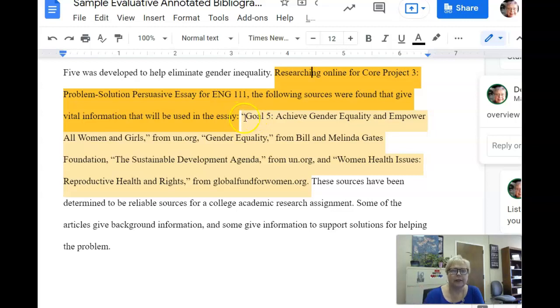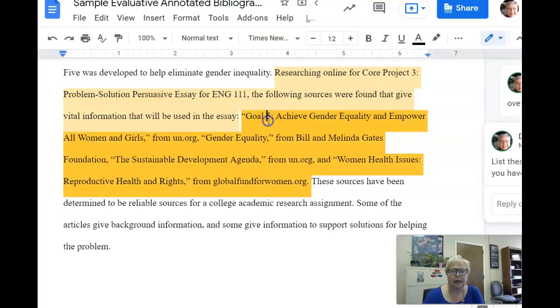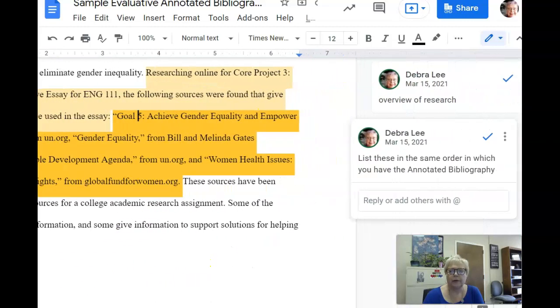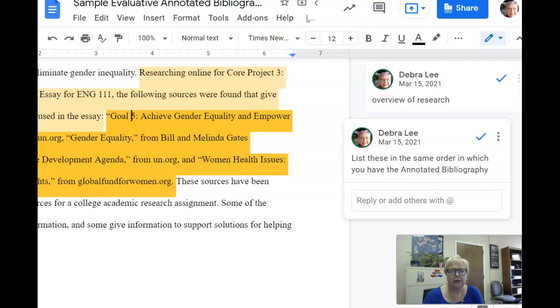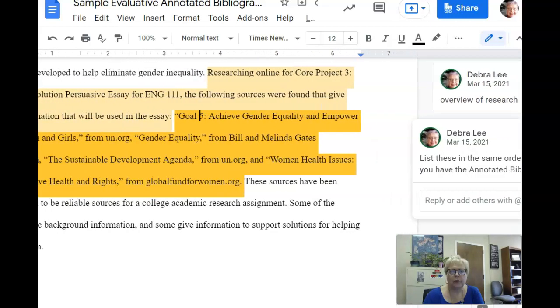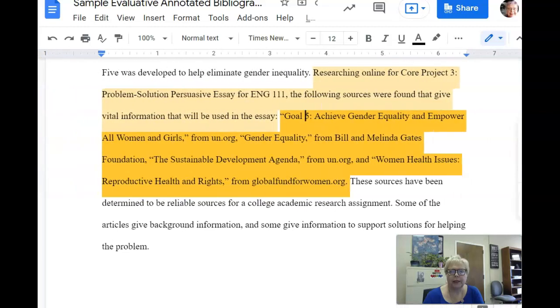All right. So here it is, this part where you are going to list your sources in the same order in which you have put them in the annotated bibliography. You can put them in alphabetical order like you did your works cited page for 3, but you don't have to.